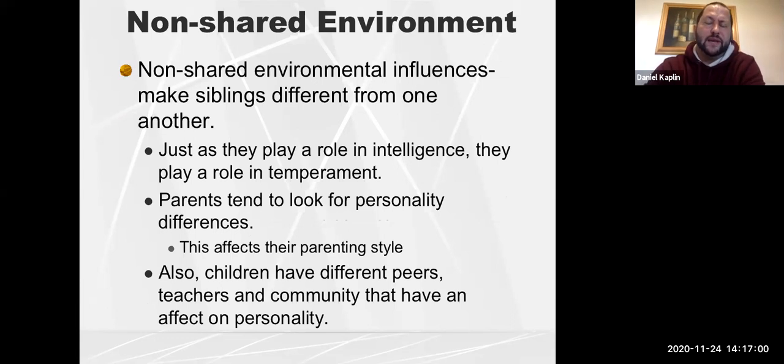So we also want to pay attention to non-shared environmental influences, right? Two people could be raised in the same culture, but something could happen between the birth of one sibling and another, which makes the environment notably different. We talked earlier about 9/11. People born before 2001 have a different mindset when going to the airport than people born after 2001 because of the terror attacks.